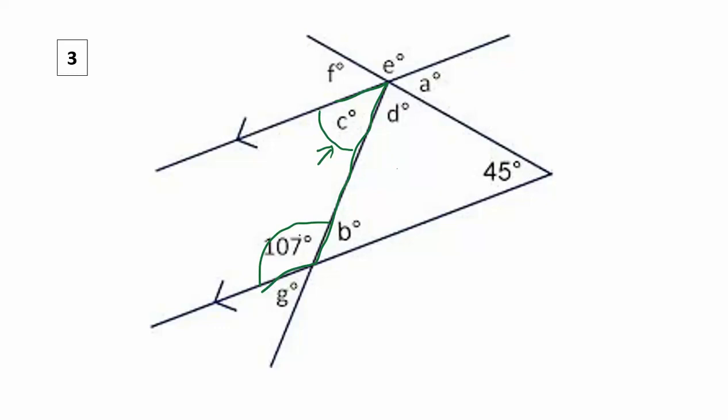And remember, co-interior angles between two parallel lines equal 180. So therefore, angle C, if I take 180 and subtract 107 from it, will be equal to 73 degrees.